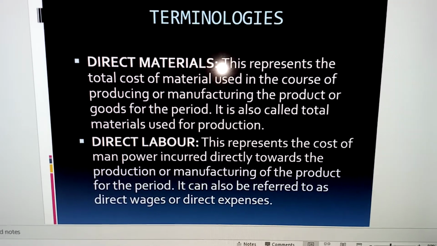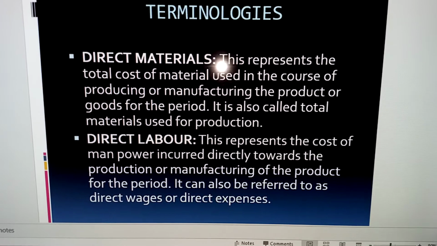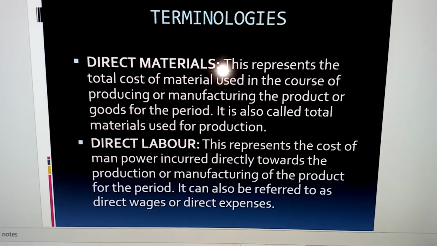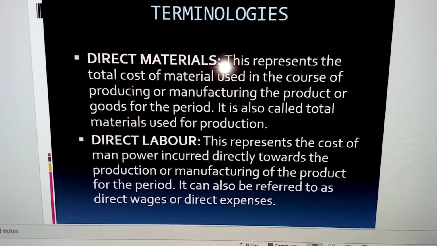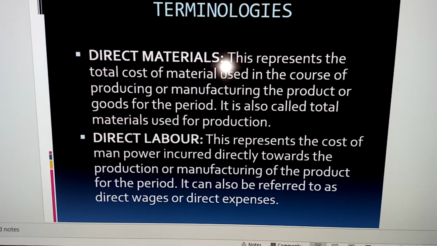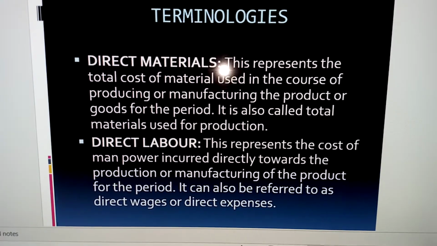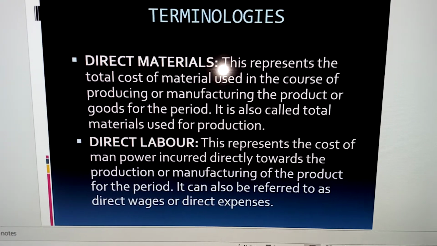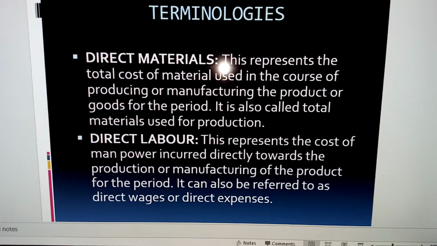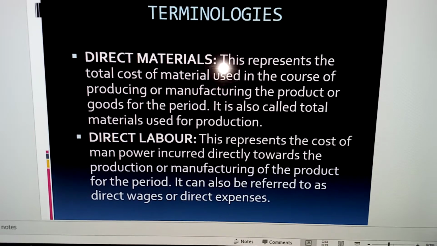The next one there is direct labor. So aside from the materials, you will need some individuals to help in the process of the manufacturing. So the cost of getting those individuals directly involved in manufacturing the product is what we call direct labor. So in cooking your soup, let's assume you are using your house help. Your house help is paid some salaries or wages, depending on your arrangement.